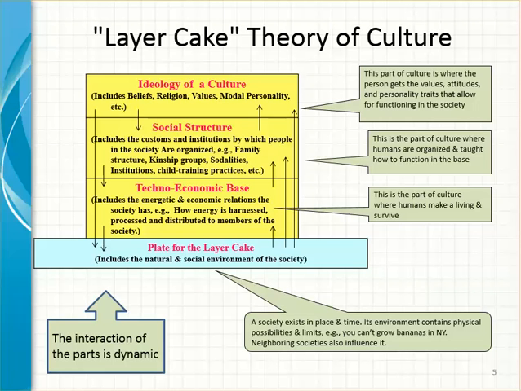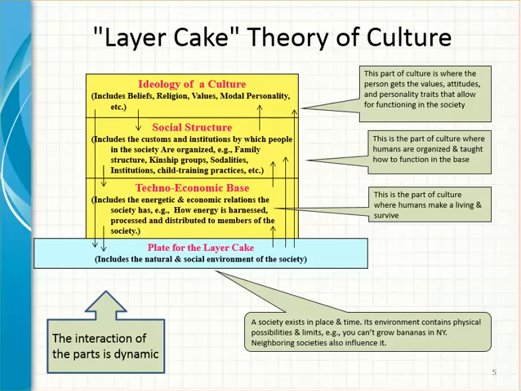Now the second layer of the cake is the social structure. This is the part of culture where humans are organized and taught how to function in the lower part, in the base. How to work together, how to get along. Now, the social structure includes customs and institutions by which people in the society are organized.